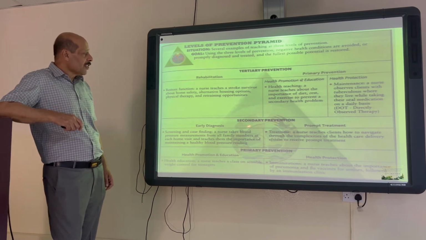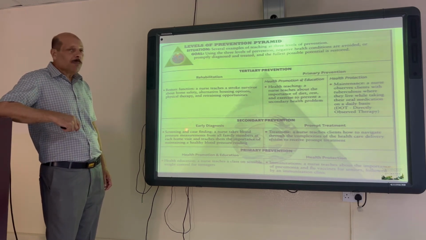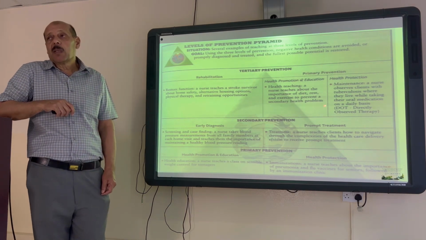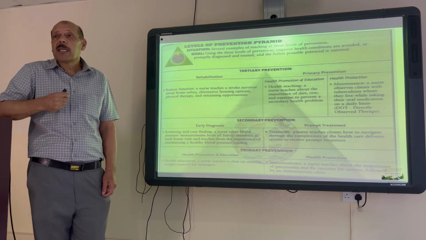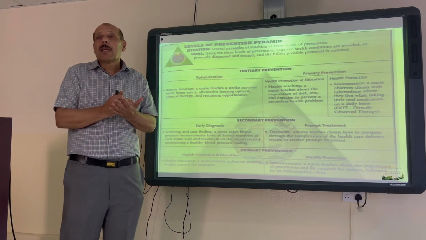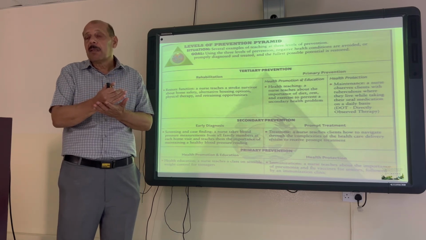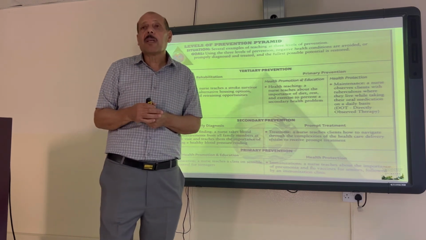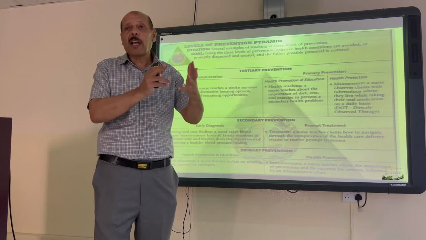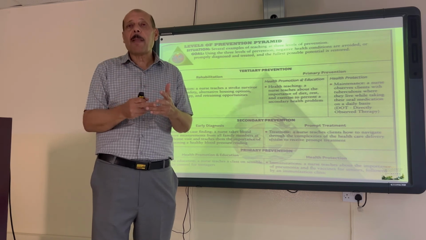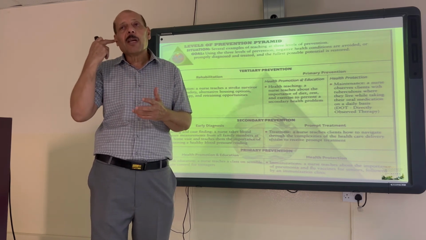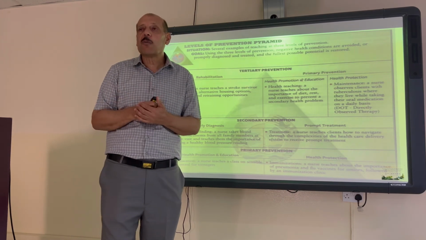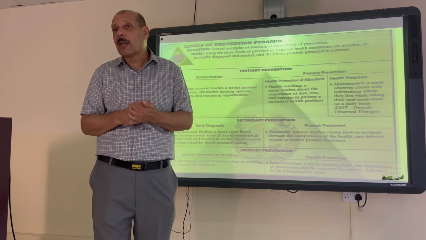The secondary prevention, mostly we are here coming by early diagnosis. Early diagnosis comes with screening. You know, when you are going to school, at the school they are doing physical assessment for grade 1, also they are repeating it sometimes. They are also doing screening for hearing. They are doing also visual acuity.